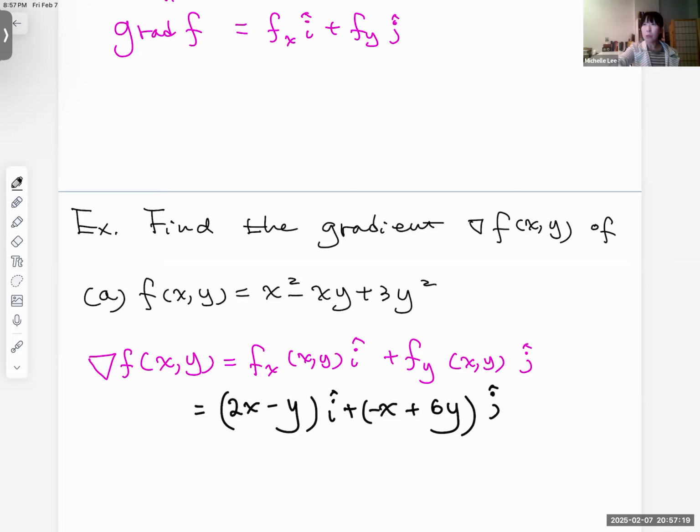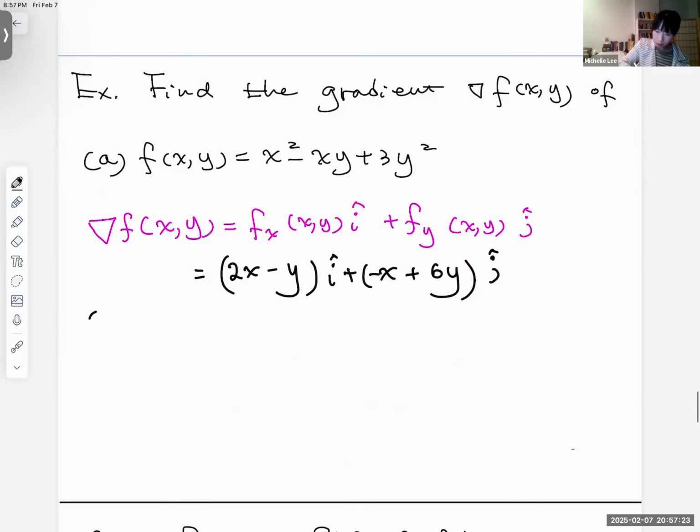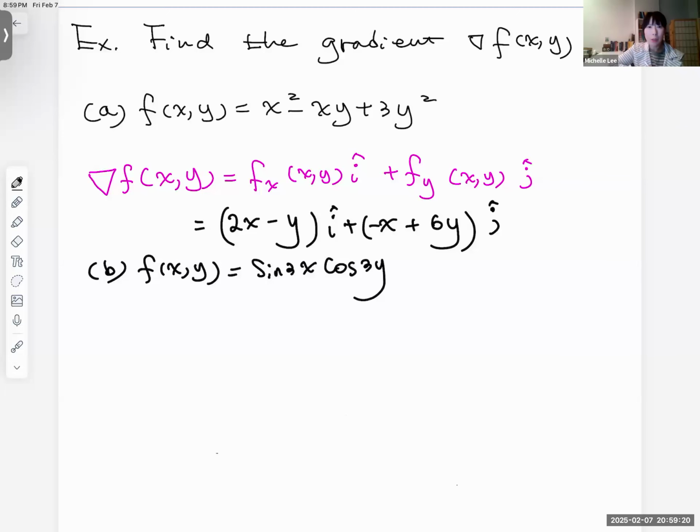Okay, so we have one more. Second one, f of x, y equals sine 3x cosine 3y. Okay, so let's find this gradient. So we have sine 3x cosine 3y.